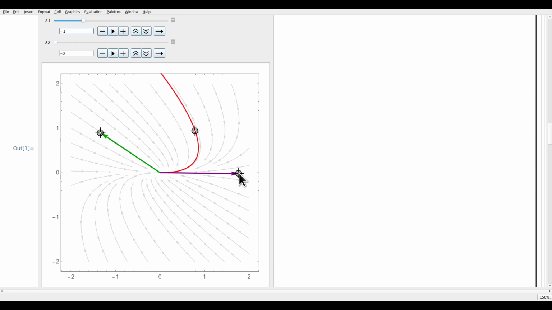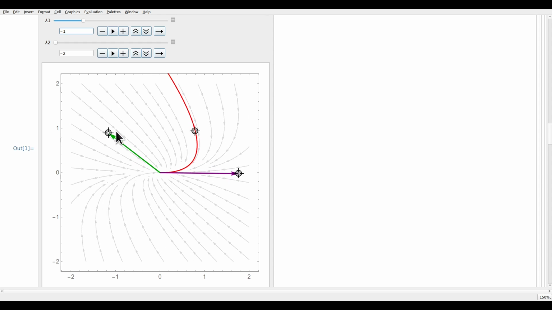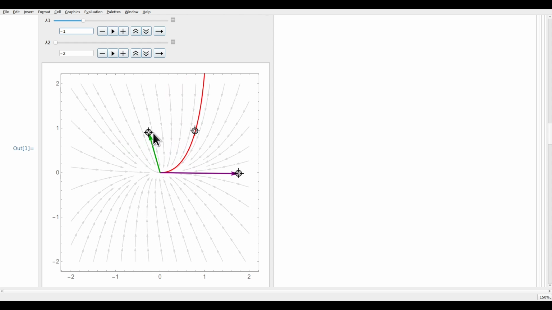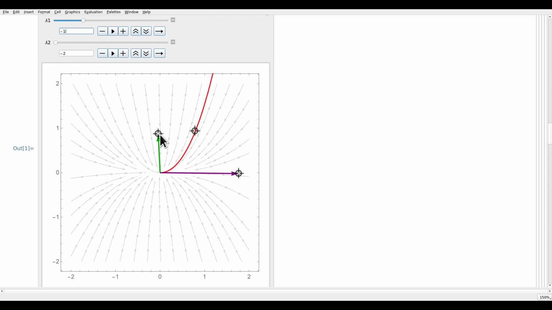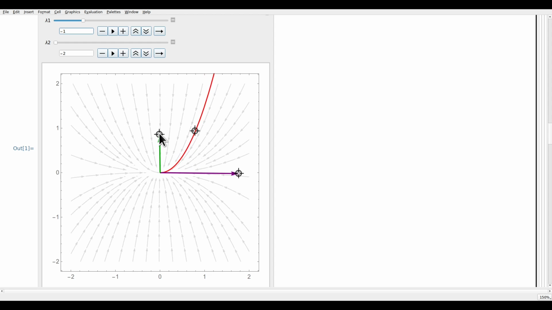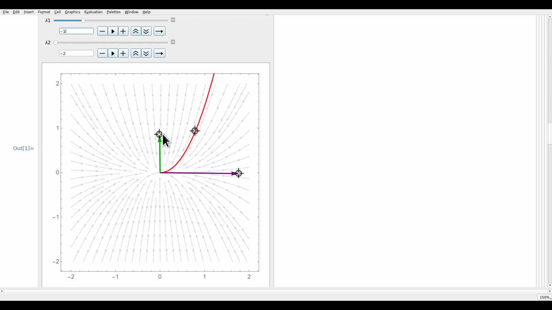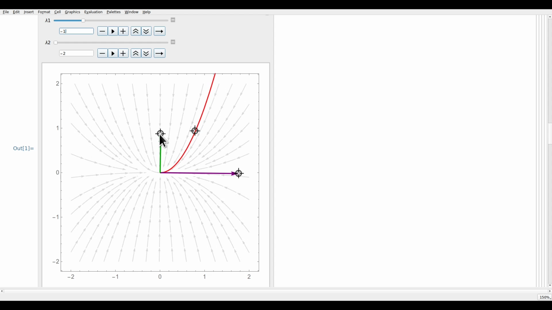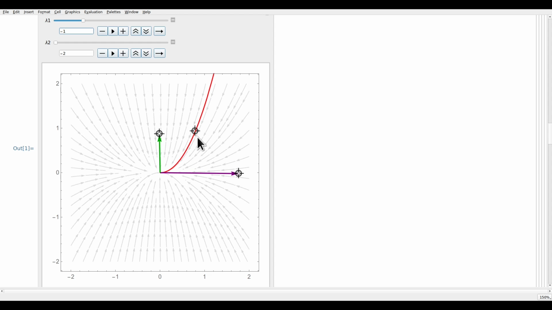The easiest ones to see are that if I set up the eigenvectors to be perpendicular, the solutions actually follow power curves, where y is just a power of x. That's an easy calculation to do, but I'll leave it to you to look at that.